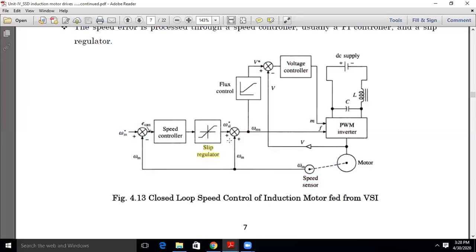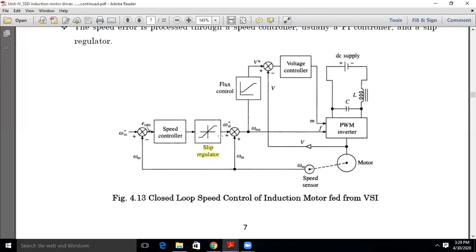Actual slip value in the sense we have 0 to 1 for the motoring action and 0 to -1 for the generating action.